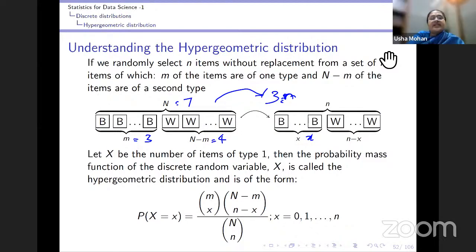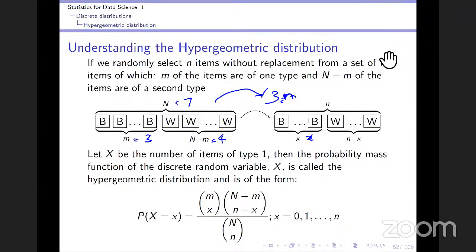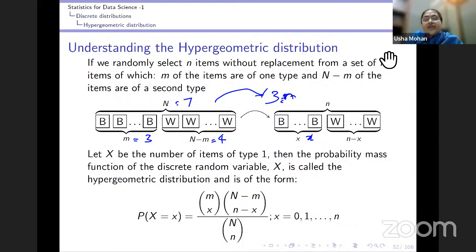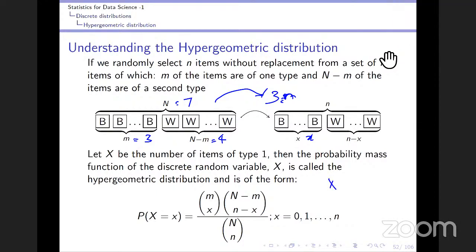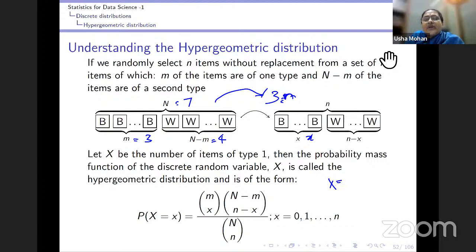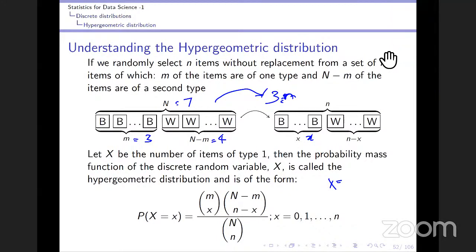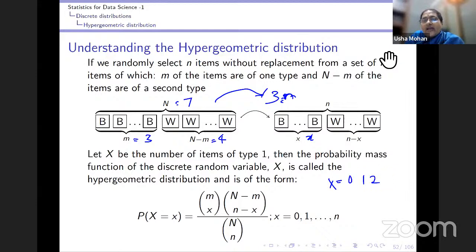I'm selecting 3 from this and counting the number of black balls in this sample. What are the values it can take? 0, 1, 2, 3. Is that clear? Yes, ma'am.